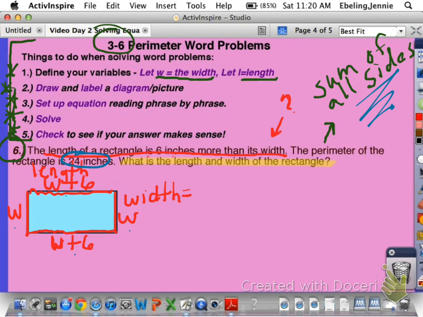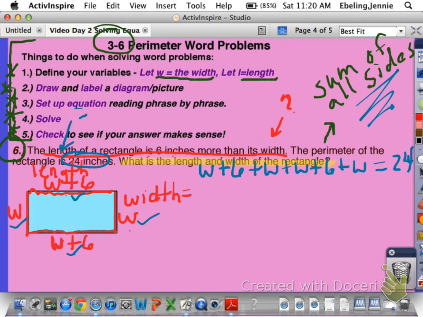I'm going to start off with the W plus 6, the top piece. Then I'm going to add the W. Then I'm going to add the bottom piece. Then I'm going to add the left-hand side piece. And that sum is 24 because this right here means equals, so equals 24.